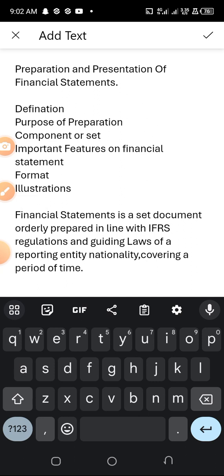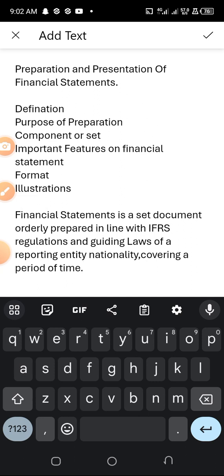And then there are guiding laws of the land. For instance, in Nigeria, we have what we call CAMA, Companies and Allied Matters Act, and it guides companies as to how and when, the importance, and all the requirements as to how to prepare financial statements.